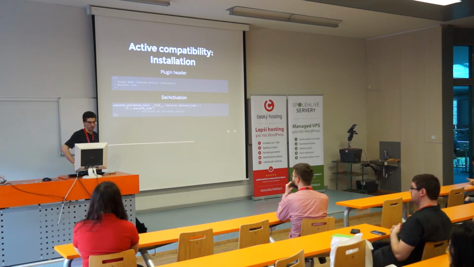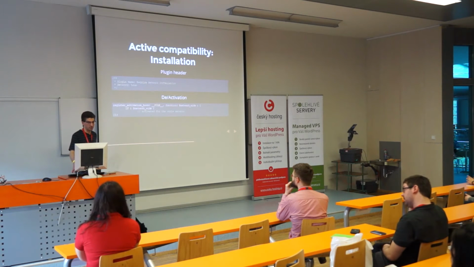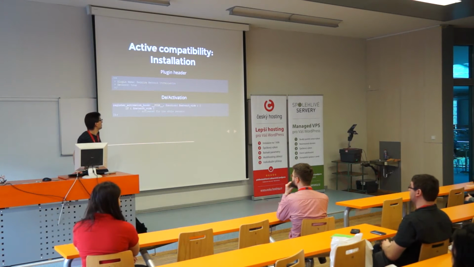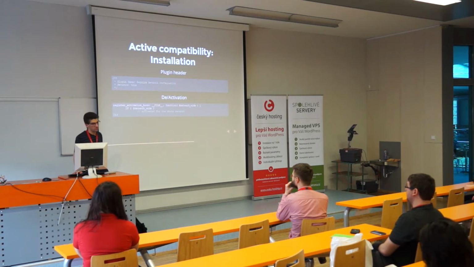So we have this as a support question. Sometimes some people download, for example, Multilingual Press. Multilingual Press requires a network, of course. To check if your plugin is actually activated as a network plugin, use the first parameter of the register_activation_hook. This is a Boolean, true or false, and if it's false, show some error or just stop.